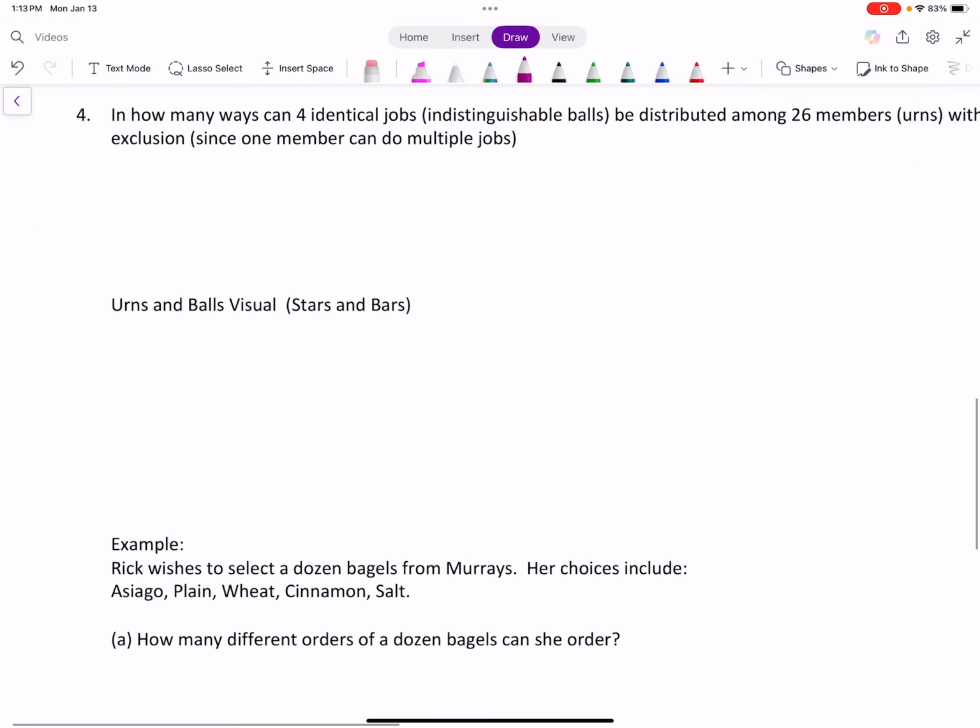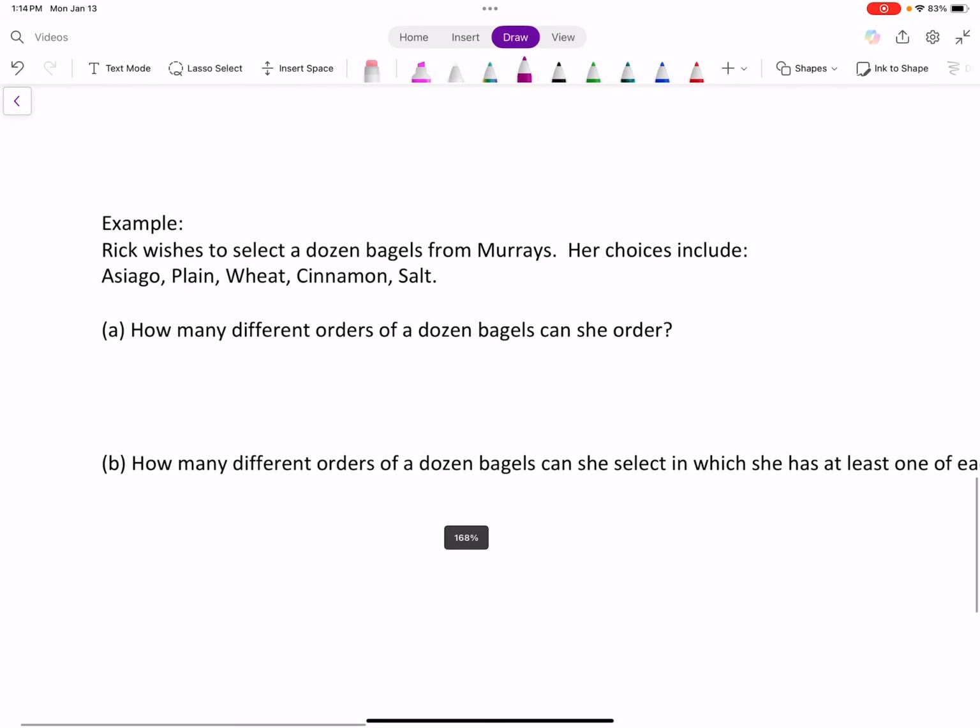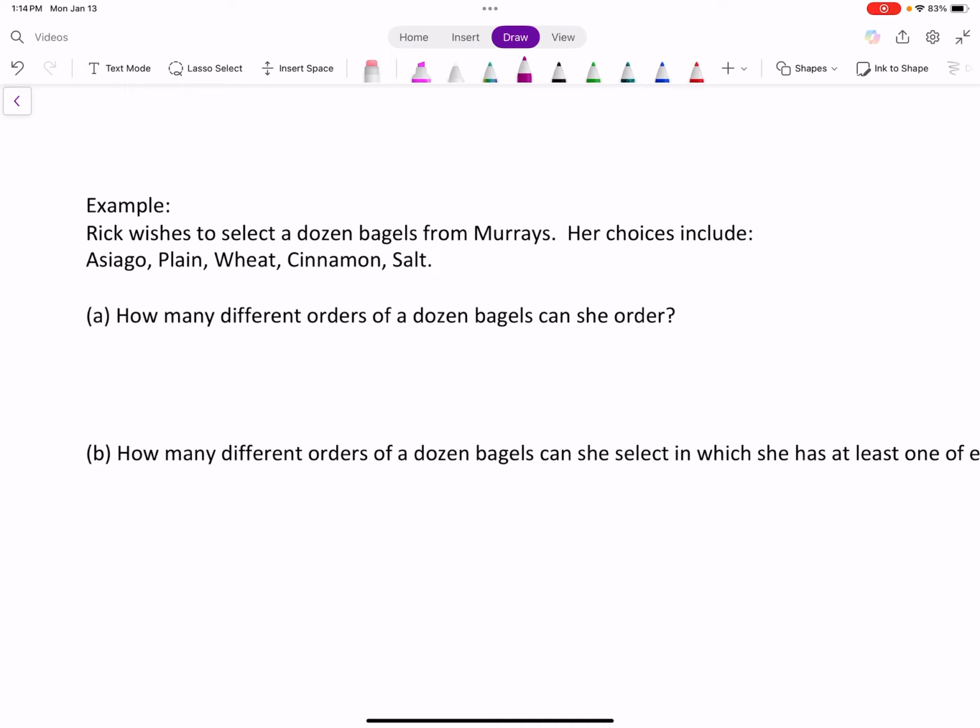Let's look at one more example together. Let's look at this one. Rick wishes to select a dozen bagels from Murray's. Her choice includes Asiago, plain, wheat, cinnamon, and salt. So these are my distinct objects. How many is that? 5. N is equal to 5. So if I wanted to create dividers, that's 4, right?